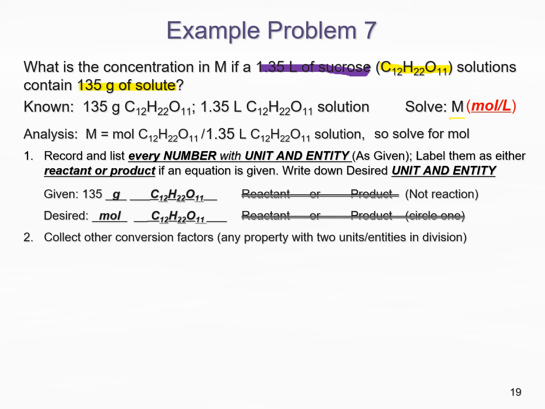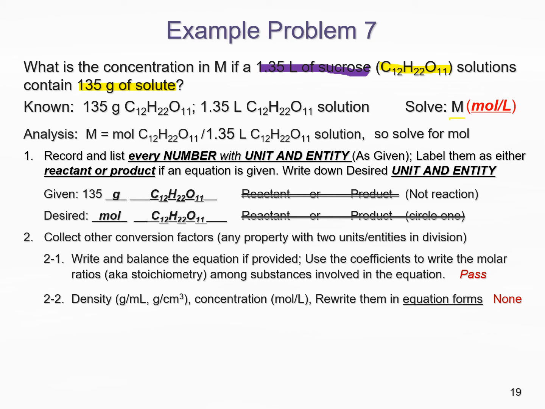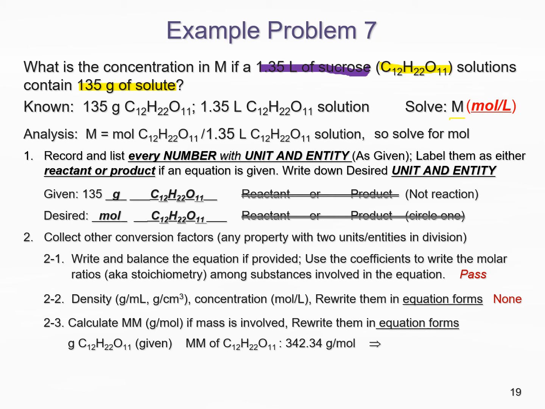All right, next step, we collect the rest of the conversion factors. There are no reactions to talk about, so we pass that. No density. Concentration is something we want, right? The question wants it, but does not provide it, so we pass that. All right, so remember we got the grams of this substance. So grams is given.